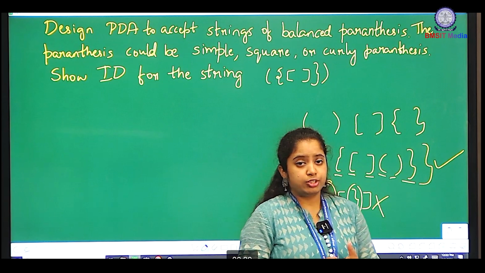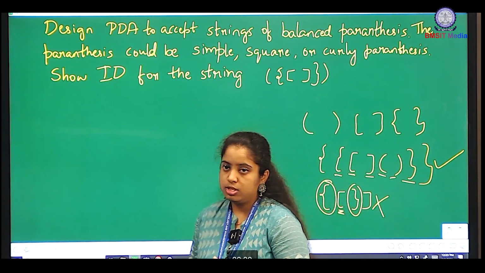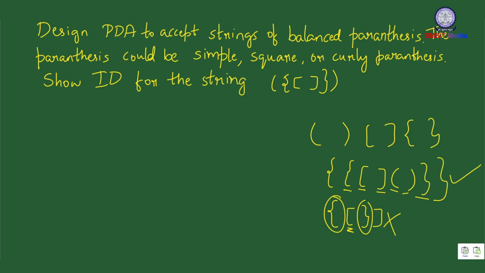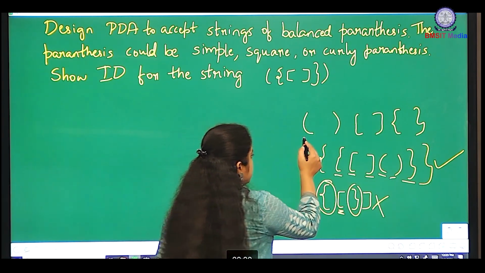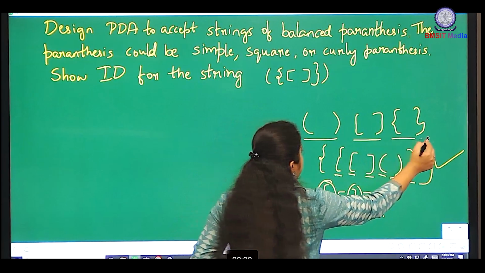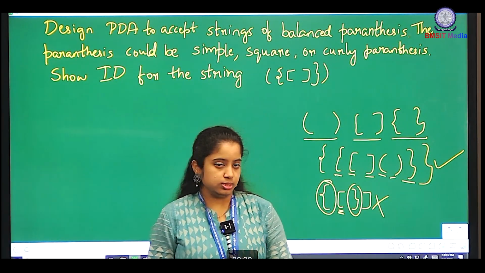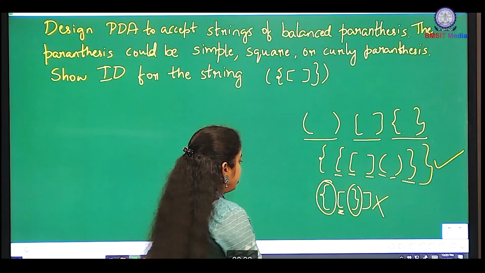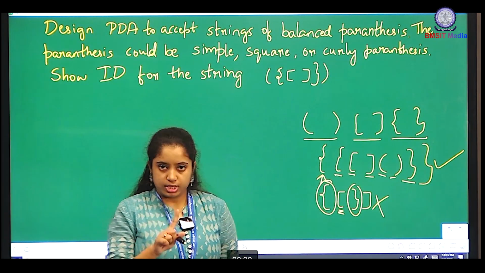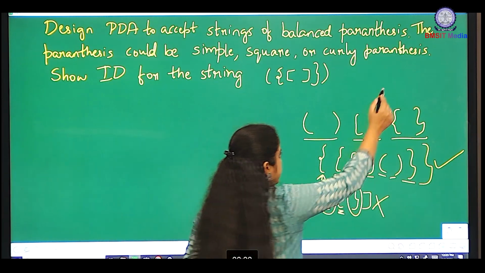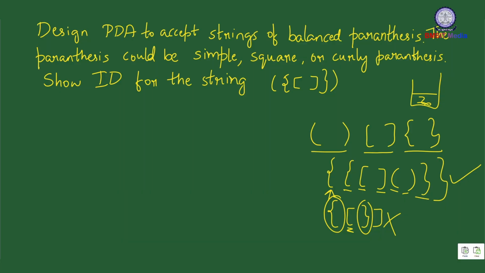Now we will try to understand how to solve such kind of questions. Here they have not mentioned the order of the parentheses. Either you can have a simple parenthesis, square and curly, but it has to be balanced. So when you receive a curly parenthesis as the first input symbol, your stack will be having Z0.